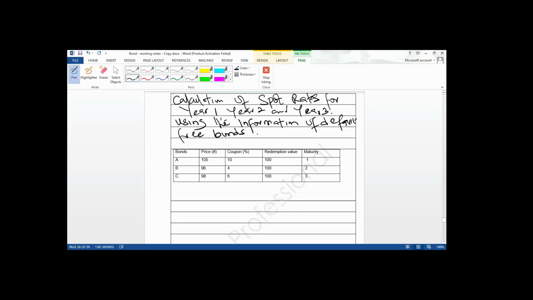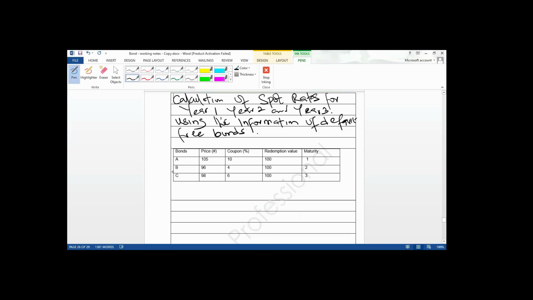Now you click bond A. Price is 105. Coupon rate 10%. Redemption 100. Maturity 1 year.